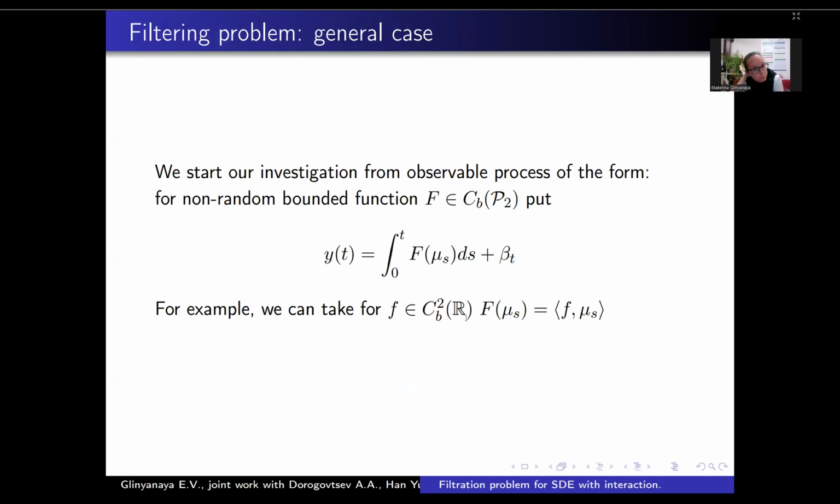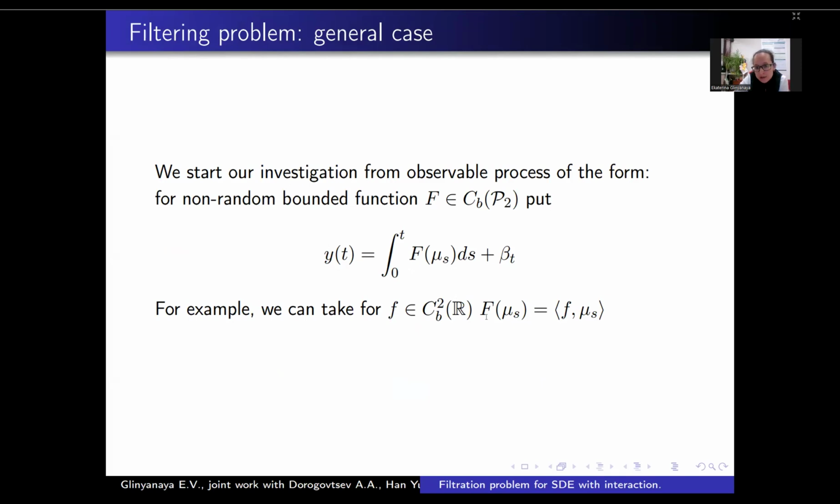As I said in the previous slides, we will consider an observable process of the following form. Here we will integrate some functional of the measure, and we suppose that f is a bounded real valued function.